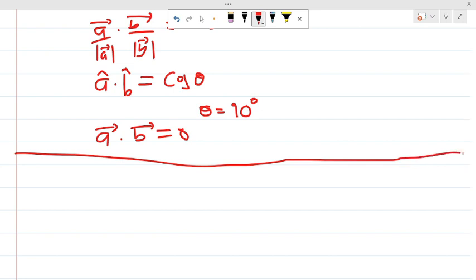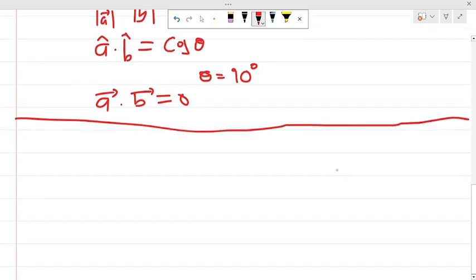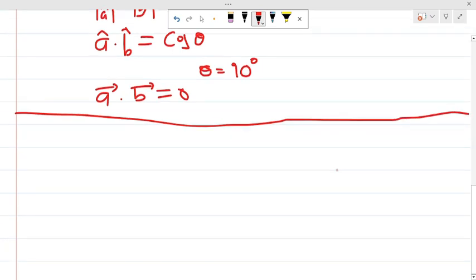Now for the cross product, we will be doing that in the next video. This video will be broken into two, but I want to teach a short trick for cross product of some vector components.